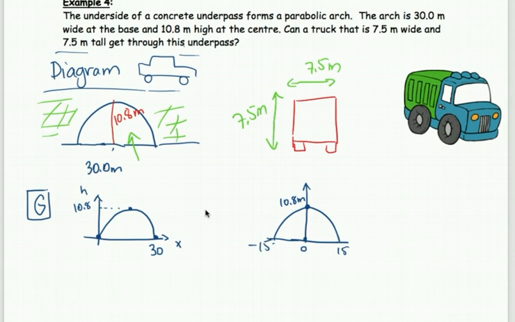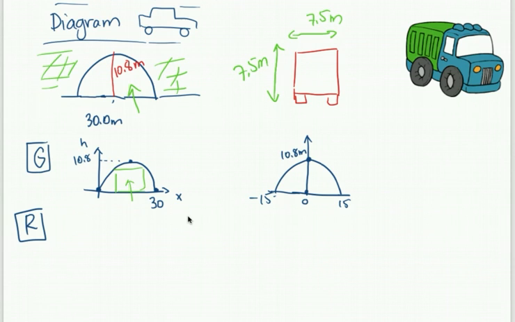Okay, so our plan here, again, what's required is we need to figure out if the truck can fit through. So we're just trying to figure out if this truck is going to make it through the tunnel here. So our plan is to find the equation for this parabolic function here.